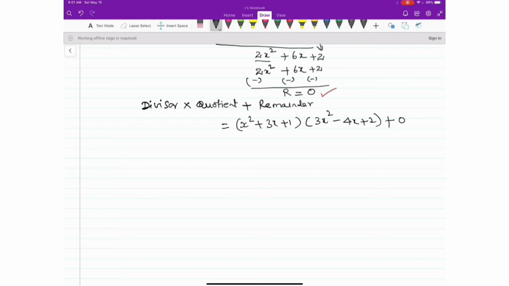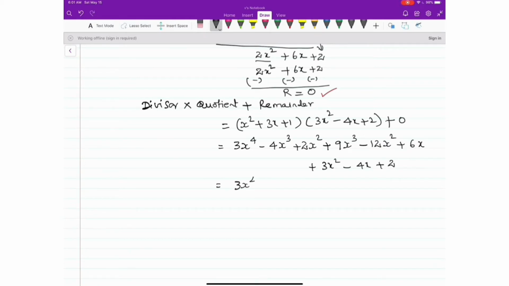When I multiply term by term on the right hand side, I will be getting 3x power 4 minus 4x cube plus 2x square plus 9x cube minus 12x square plus 6x plus 3x square minus 4x plus 2. Let me combine the like terms. I will be getting 3x power 4.